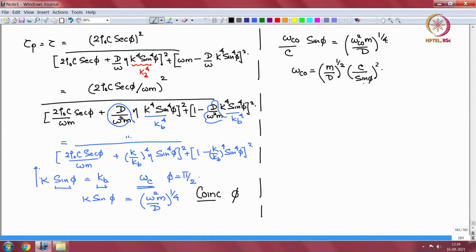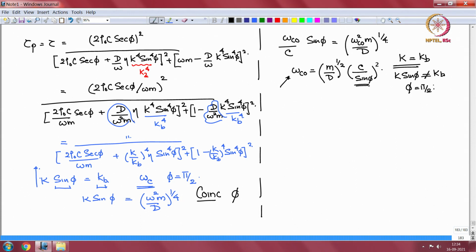Whereas if phi is 90 degrees, then you are back to your original basic coincidence. Which also means that if you are at such a frequency that k and kb are already equal, then no other sine phi will give you a match except phi equal to pi by 2.